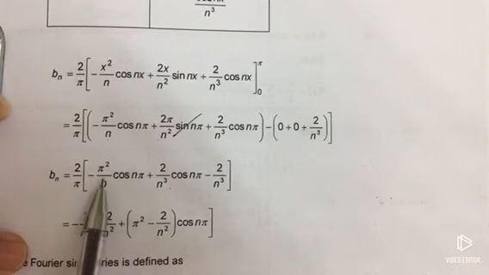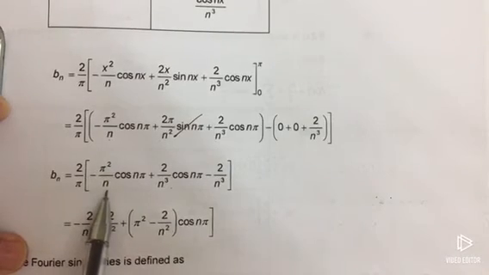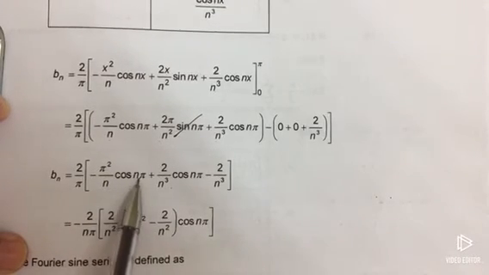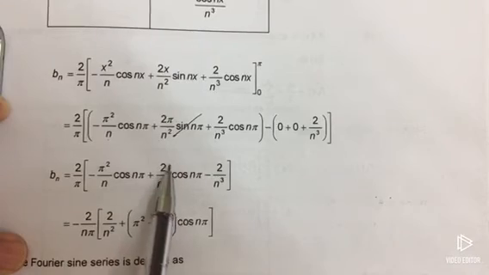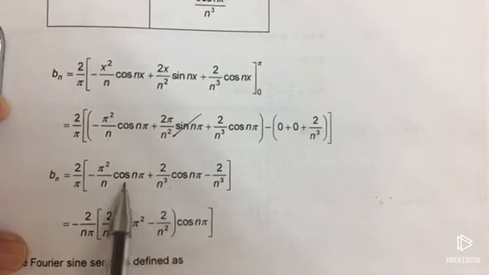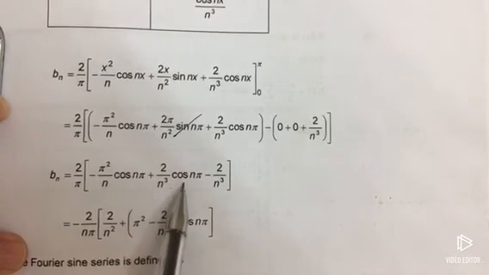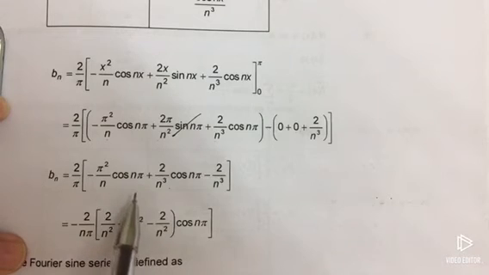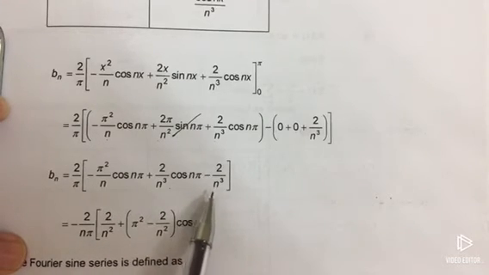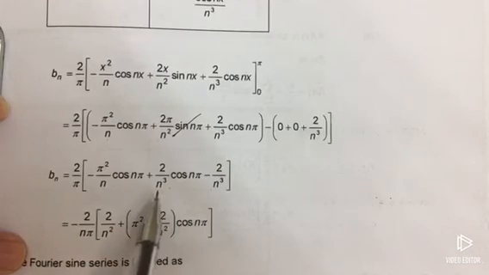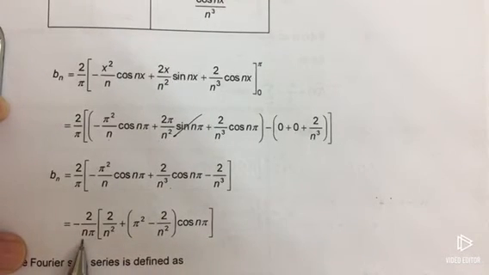Negative pi squared over n cos n pi plus 2 over n cubed cos n pi. These two terms we can combine.